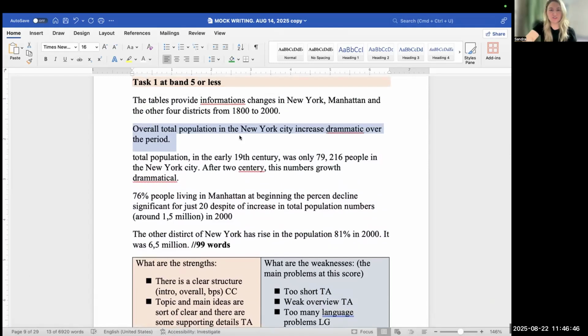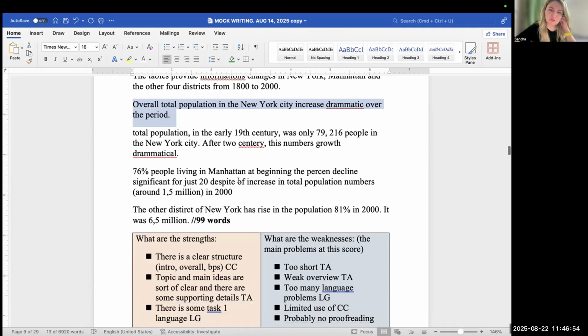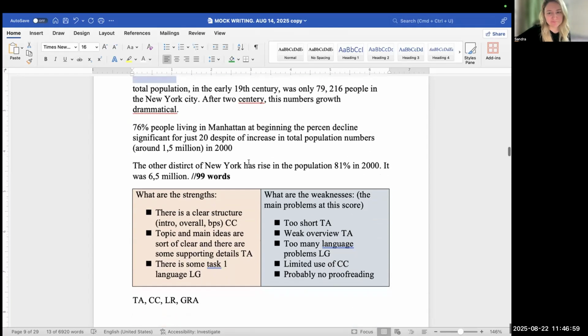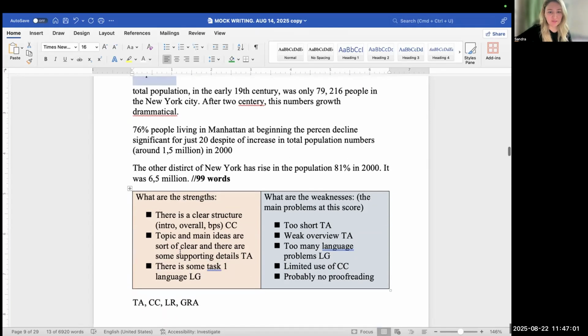Or we don't understand the topic because the language problems are so present everywhere that we do not understand what's really happening. Or the author forgets to mention the topic words like total population figures. All right, and misrepresenting the numbers. These are the problems in task achievement.